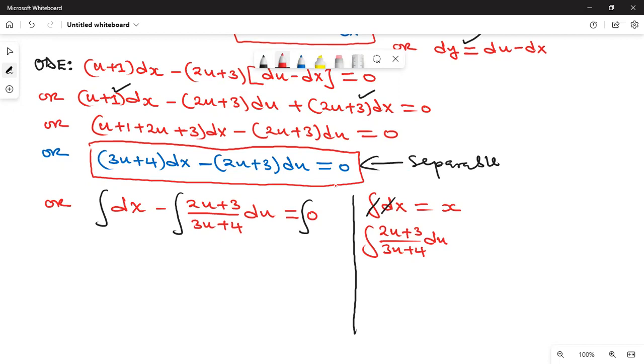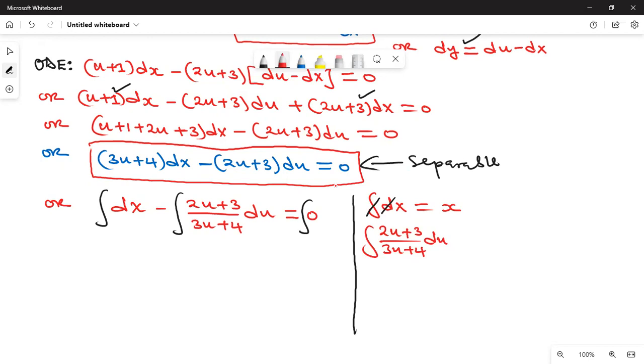When the degree of the polynomial in the numerator is equal to or greater than the degree of the polynomial in the denominator, then first of all, you have to use the long division process to simplify the integrand. So I'm going to long divide so that I see what I'm going to get, because I cannot integrate it the way it is. I have to simplify that integrand to make my work easier when integrating.